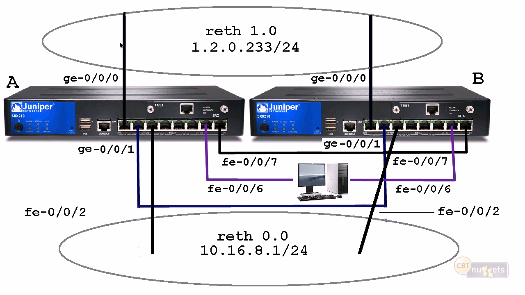These interfaces are both a part of RETH 1, 1.0 obviously, we have our unit number there. So RETH 1 is represented by the IP address of 1.2.0.233/24. So that's the first obvious thing.